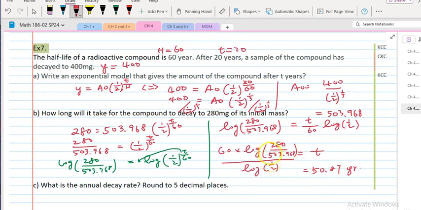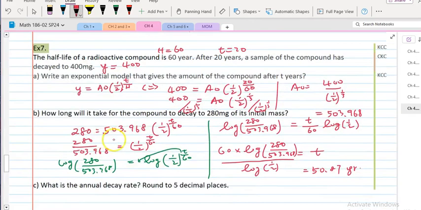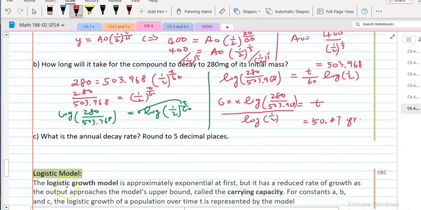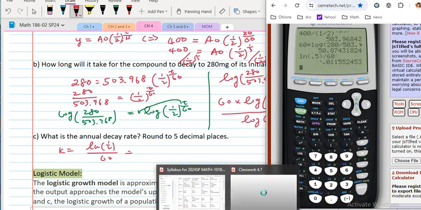Okay. Okay, what is the decay rate? So we know the half-life, which is 60 years. So k is very easy to do. ln 1/2 over 60. ln, because it's decay, right? ln 0.5 over 60, over h.